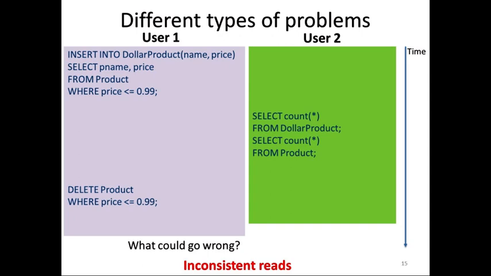So for the green transaction, the constraint, the rule saying that we should have exactly 1,000 products in total will seem to be violated. The data seems to be in an inconsistent state with respect to this constraint. Hence the name inconsistent reads. And this is, of course, a phenomenon due to the fact that we have executed in parallel, we have interleaved in time the steps of these two transactions in this specific way.